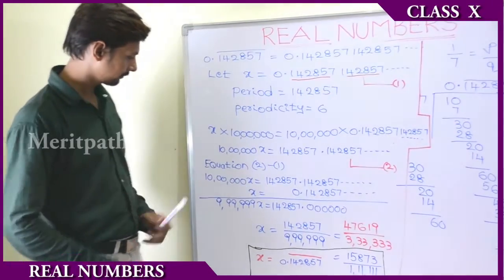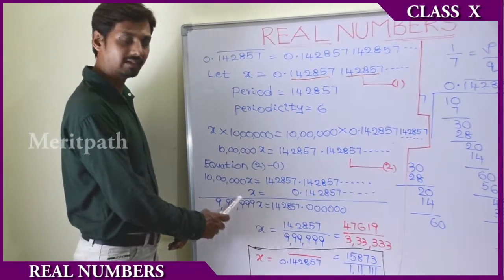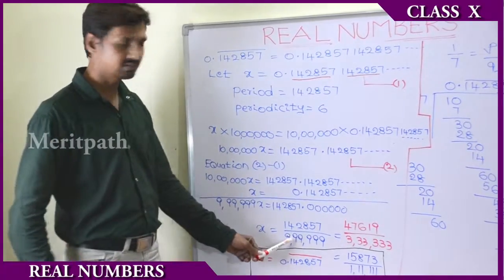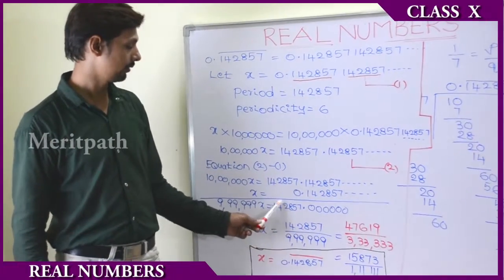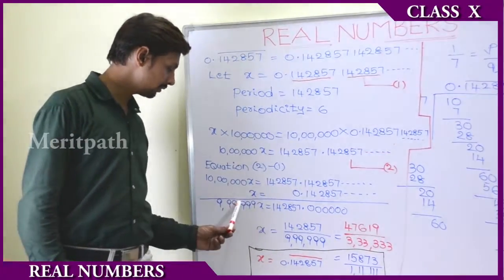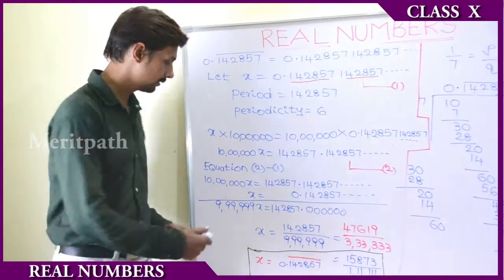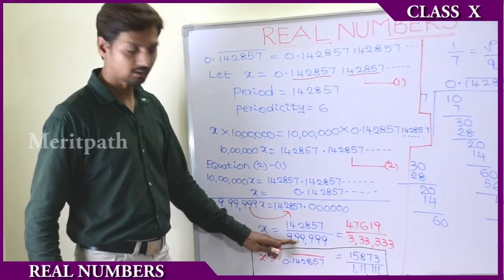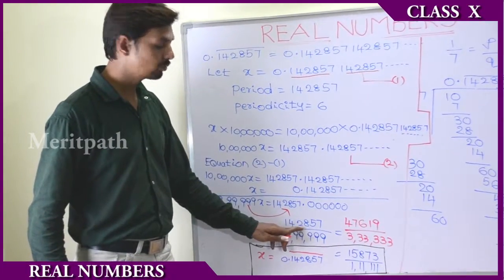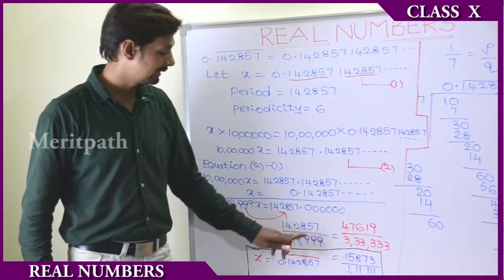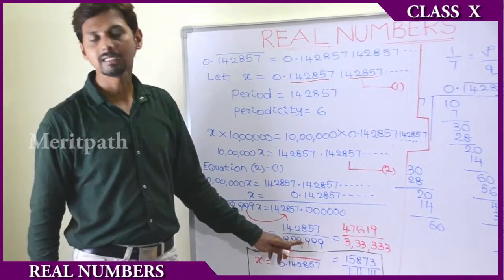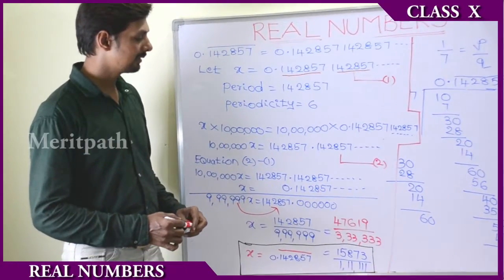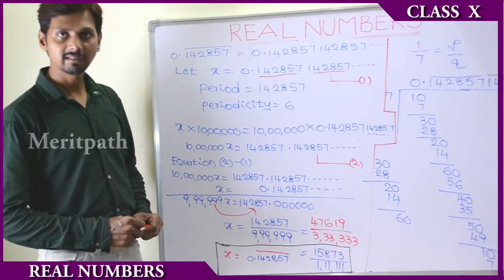So here we take this 9,99,999 from the x side and transpose it to this side, and it becomes the denominator. So x equals 1,42,857 divided by 9,99,999. So let us cancel, simplify this.